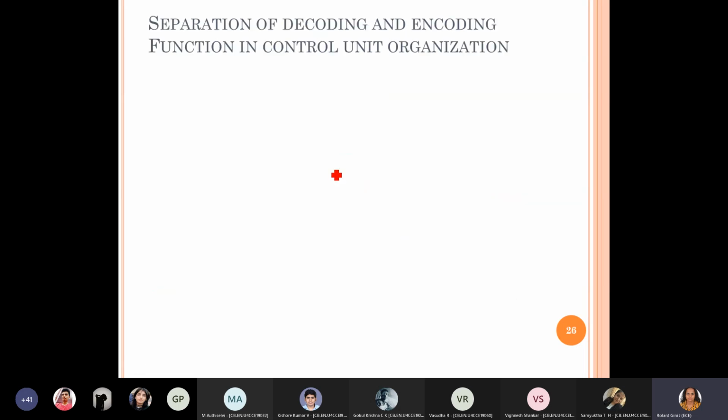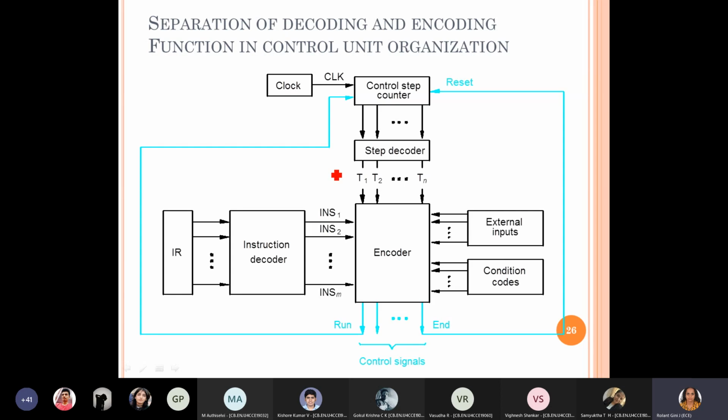So here we come up with a detailed representation of whatever we discussed earlier. You can find the same clock and the control step counter, and then the instruction register, then the external inputs, and the condition codes.